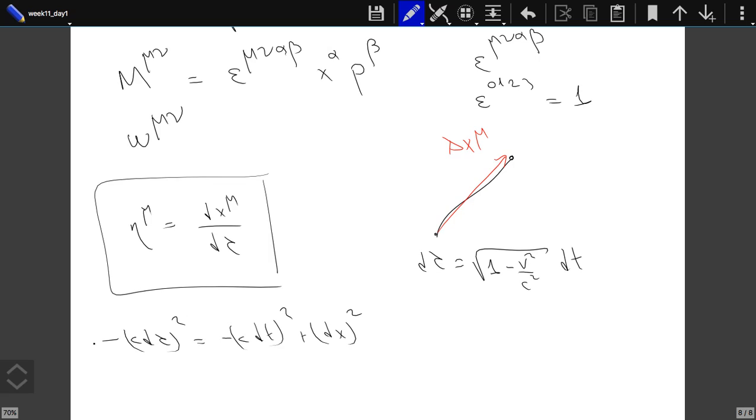Well, I will need the epsilon squared terms also. This is minus epsilon squared My squared over 2, minus epsilon squared My squared over 2, plus minus epsilon squared Mx squared over 2, minus epsilon squared Mx squared over 2.